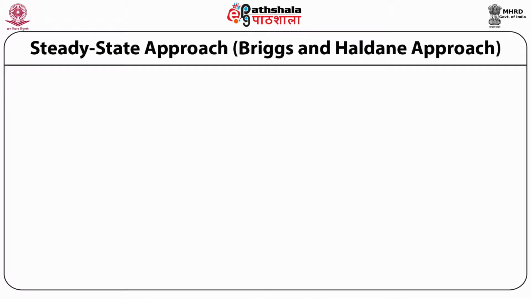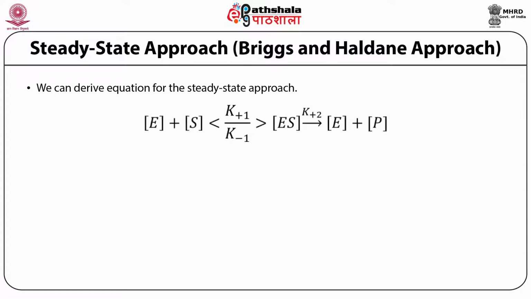We have discussed the equilibrium approach. Similarly, we can derive the steady state approach equations in a similar fashion. This steady state approach equation is given by Briggs and Haldane, and you know that in the steady state approach, we are assuming that K plus 2 is very much greater than K minus 1.